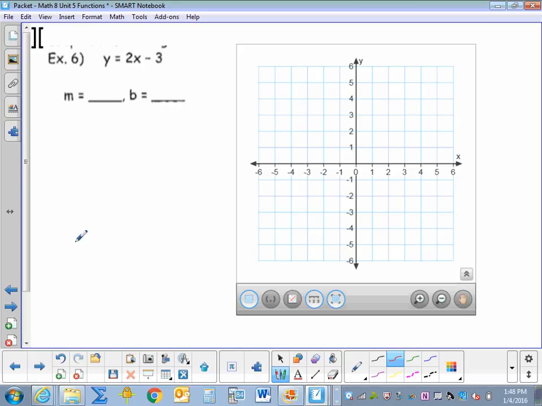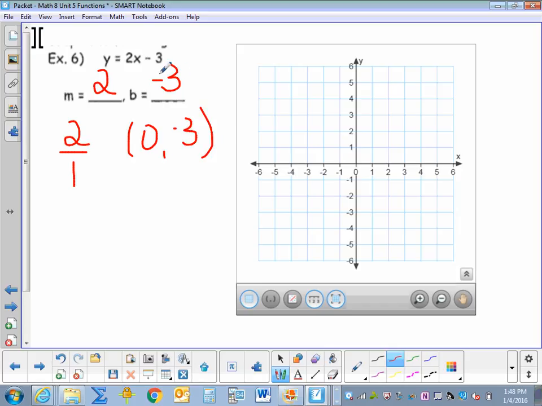Number 6, y equals 2x minus 3. So let's identify m, or our slope. Our slope here is 2, and our y-intercept is a -3. Well, since we know the slope, we know we have a rise of 2 and a run of 1. And the y-intercept is the point 0, -3.